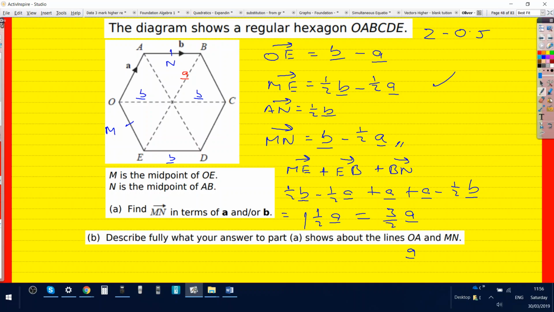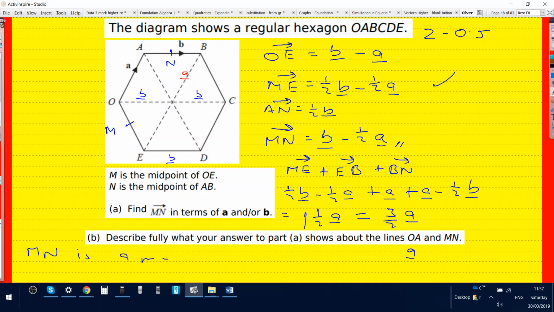A. And so what does that tell you about those two? That it is parallel because it can be factorized just to make A. What's a multiple of A? Correct. So what's the formal way of saying it? M to N is a multiple of O to A. Yeah.